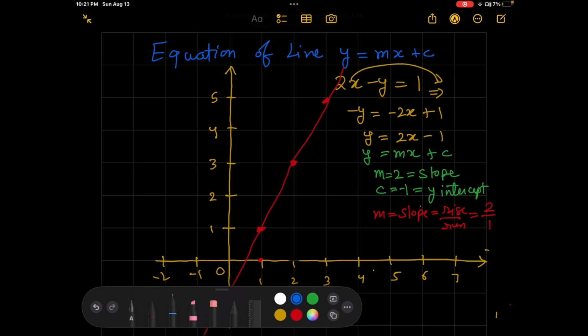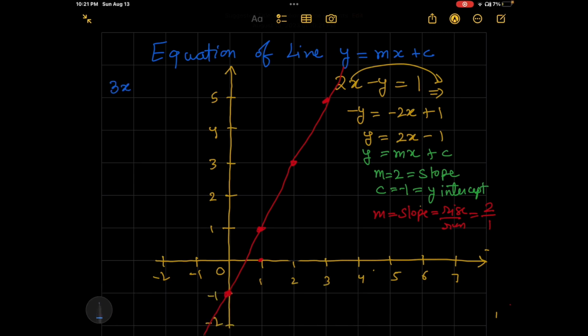This time we are going to make it 3x plus 2y is equal to 4. Now I've chosen a slightly more complex equation. Again, we want to convert it into the format of y equal to mx plus c. So first thing to do is take this term, move it over to this side, and it becomes a minus 3x. So 2y is equal to 4 minus 3x.